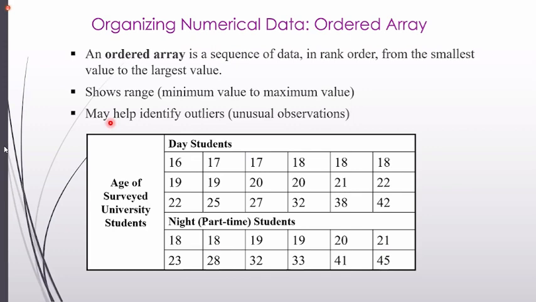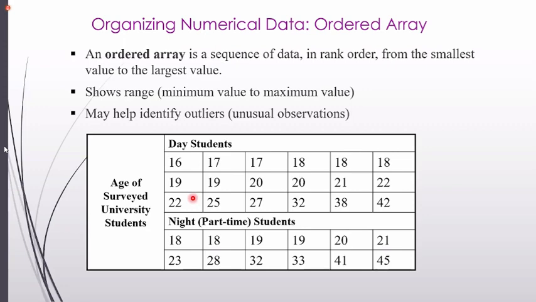right? So for example, now you look at this data and identify the variable of this data. What is the variable of this data? What is the variable for this given distribution?